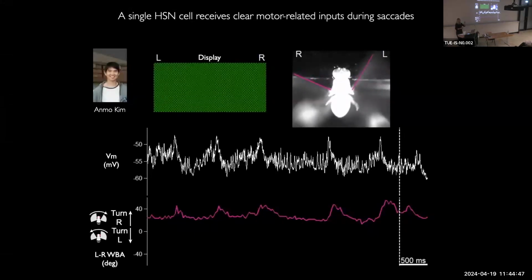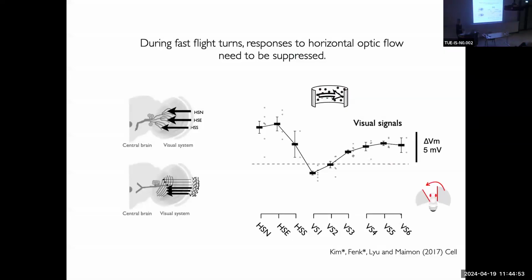And we quantified the amplitude of those motor-related potentials for the set of visual neurons. And when we do that, for here one saccade direction, we see that the amplitude of those motor-related potentials is opposite in sign to the visual response; the amplitude is matched to the visual response, and the sign goes in the opposite direction.